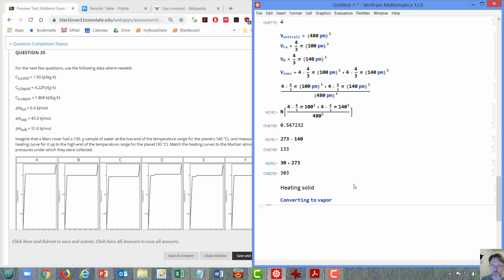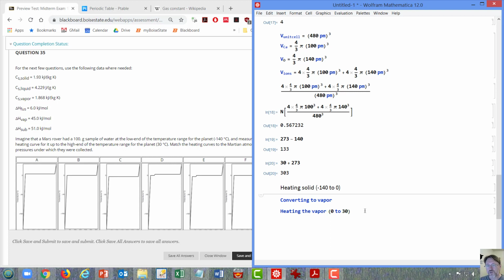We'll talk about what that is in a moment. And we have heating the vapor. Heating the solid, we are going from minus 140 to 0. Heating the vapor, we are going from 0 to 30 degrees C.